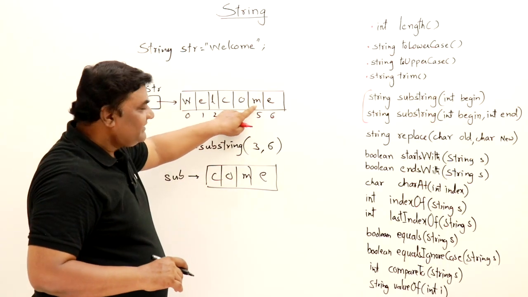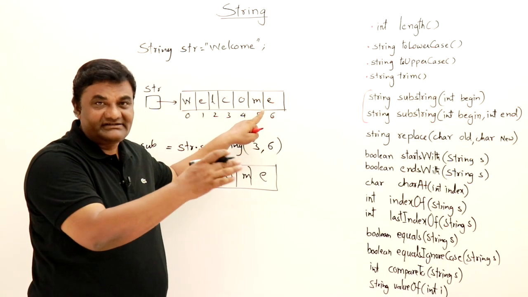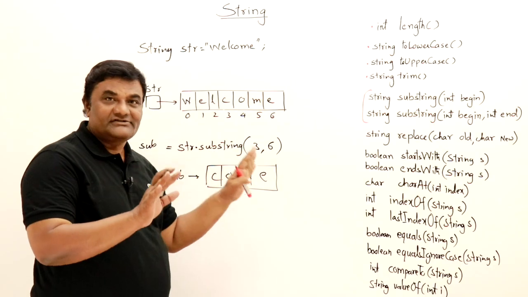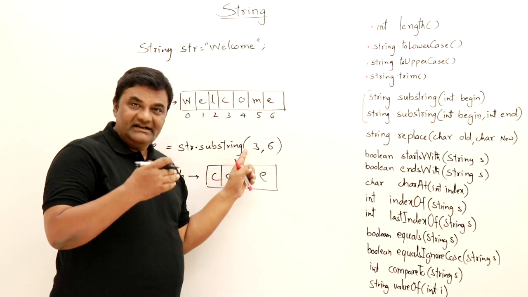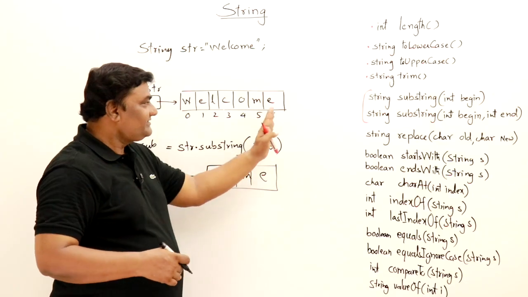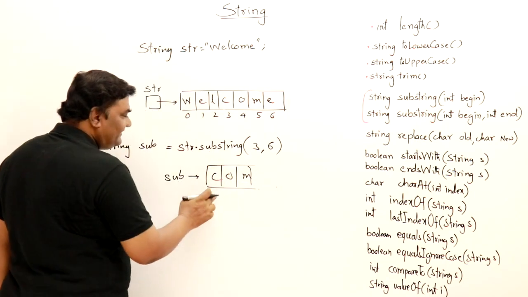So it will give till 5. So up to 6, right? Except 6 character, it will give the substring. So 3, 4, 5. At 6, it will stop. So we have to give the starting point and where it has to stop taking the substring. So 6 minus 1. So this result will be COM, just COM.